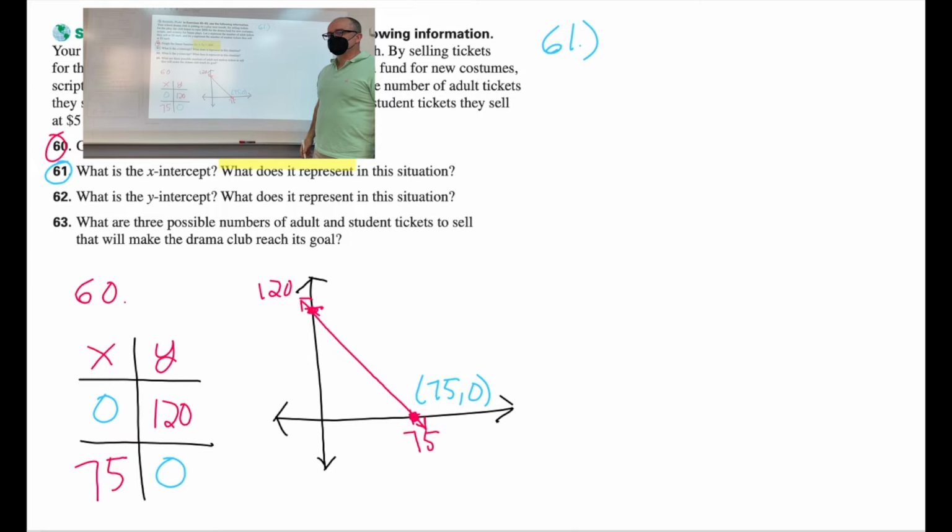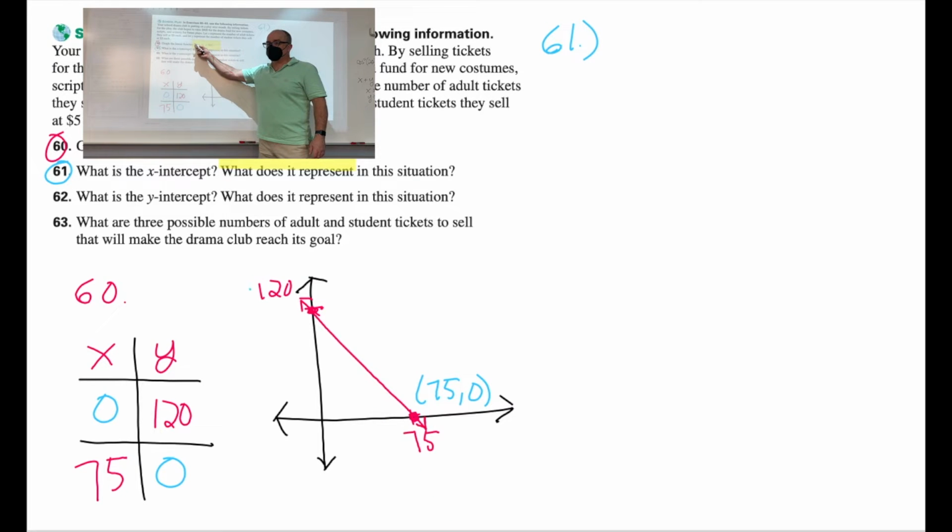How much money they'll make if how many adults showed up? Kind of. A little bit more specifically. I mean, they're going to make $600 no matter what, the way they set this up. Yes, 75 adults will show up because x is the adults, right?